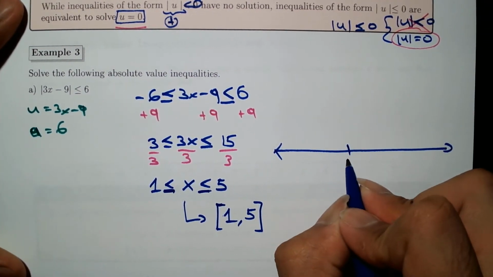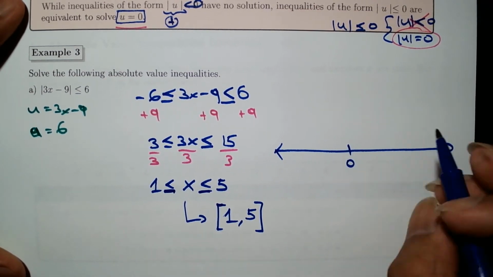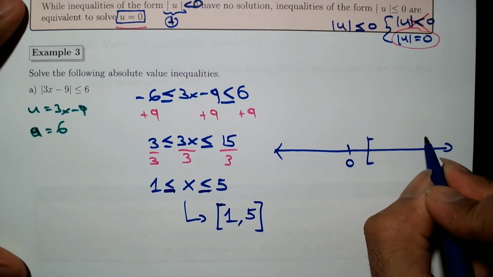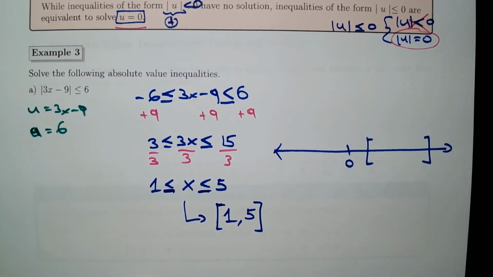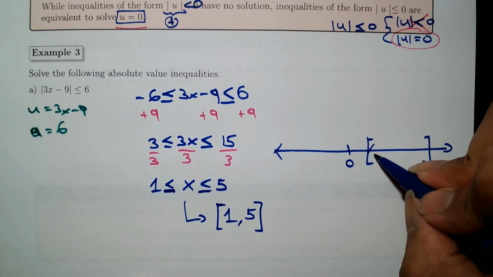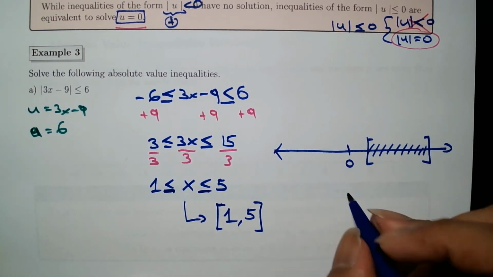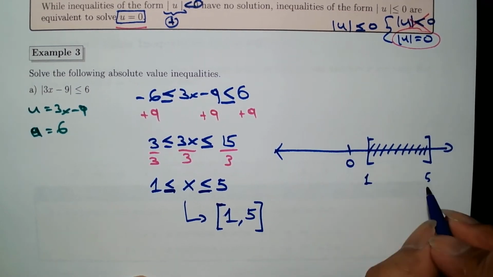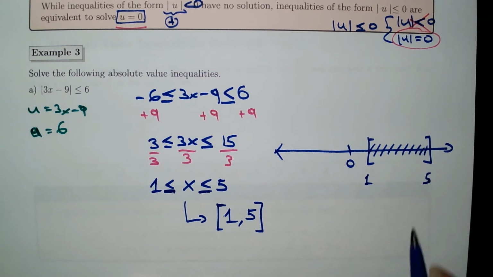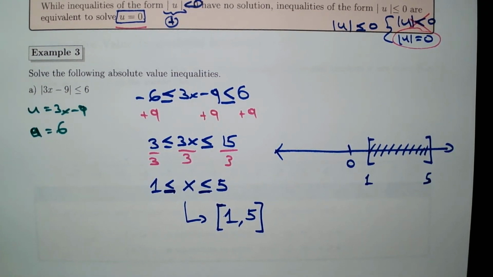Okay, this is where our 0 is, and all we do is go from 1 to 5. It doesn't have to be perfectly scaled as long as it is correctly displayed, right? So this goes from 1 to 5. 1 is greater than 0, of course. No need to be perfect with the graph, but need to be consistent.